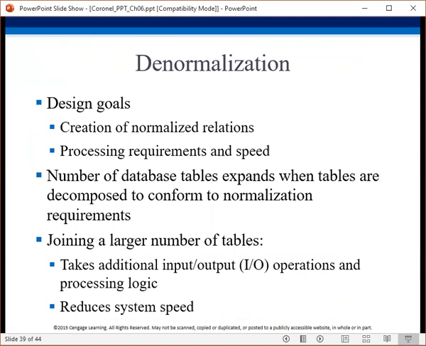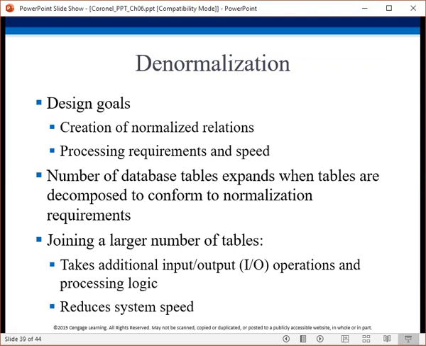I've mentioned several times in the lecture so far, there's no free lunch. When you decompose your table in the normalization process, you're going to increase the performance requirements when you do retrievals because you have to join tables together, and that's a relatively expensive operation.